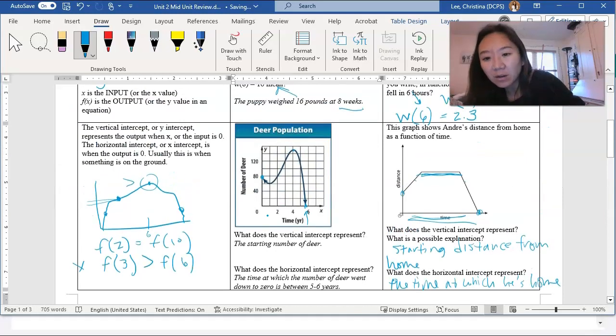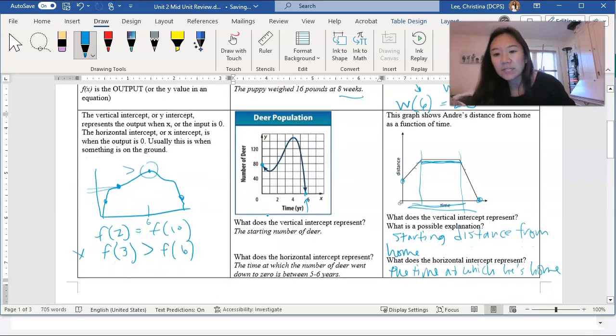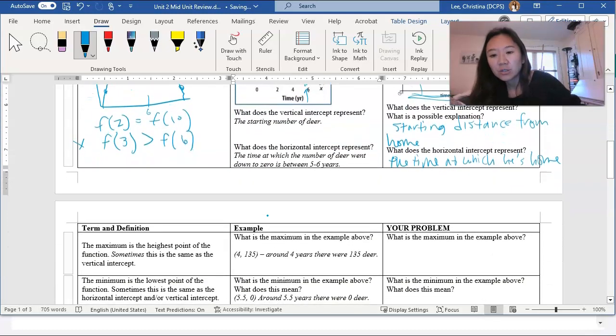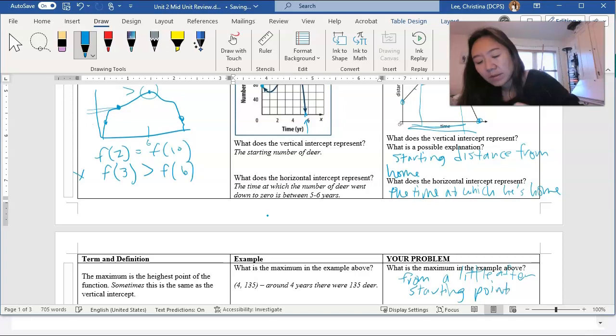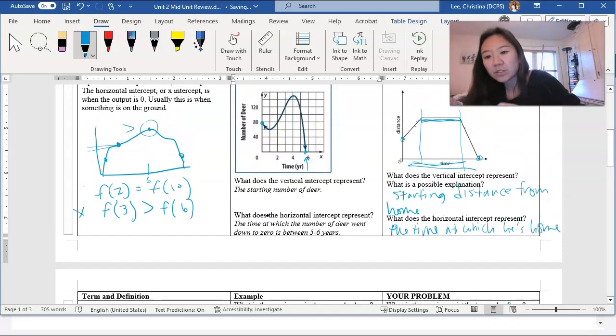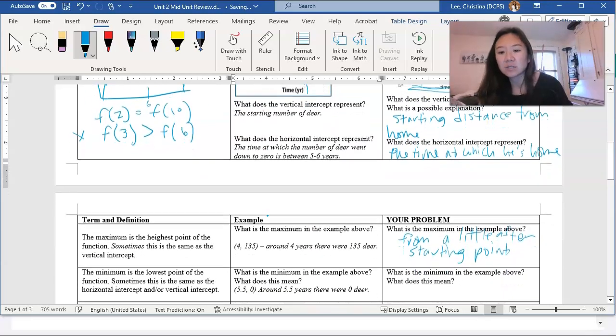The maximum here is actually in multiple points, but from a given time to a given time. So there's a range. So from, let's say, a little bit after the starting point to before the end point, there's a period of time in which the distance is greater.